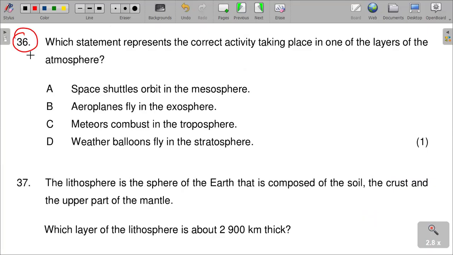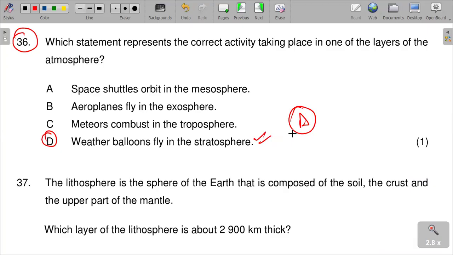Space shuttles orbit in the mesosphere, aeroplanes fly in the exosphere, metals combust in the troposphere, and balloons fly in the stratosphere, which is D, the right answer there.